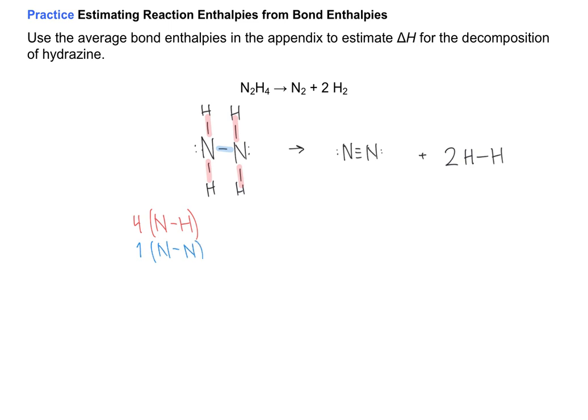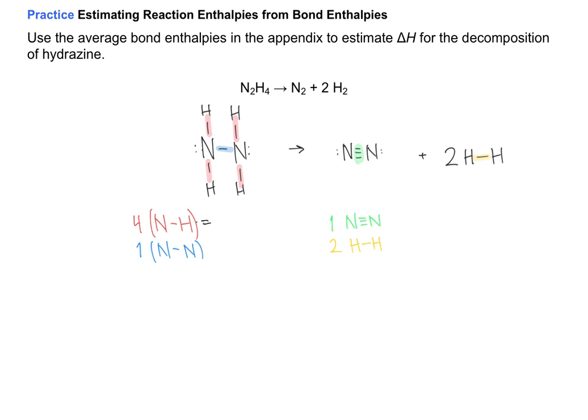My bonds getting broken. Then we're going to have 1 triple bond from 2 nitrogens. So 1 nitrogen-nitrogen triple bond. And then a single hydrogen-hydrogen bond, and there's 2 of them from out front. So 2 hydrogen-hydrogen.